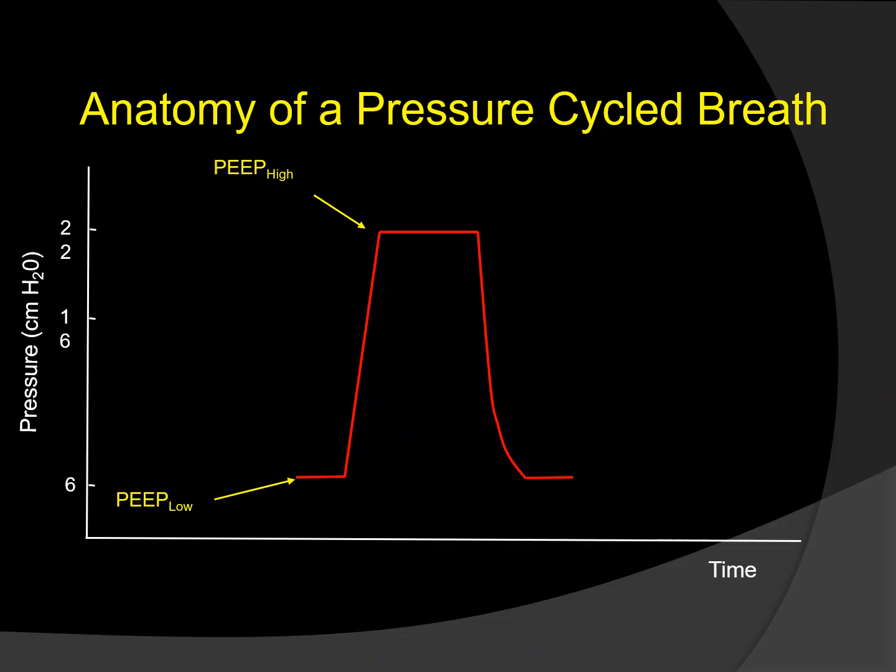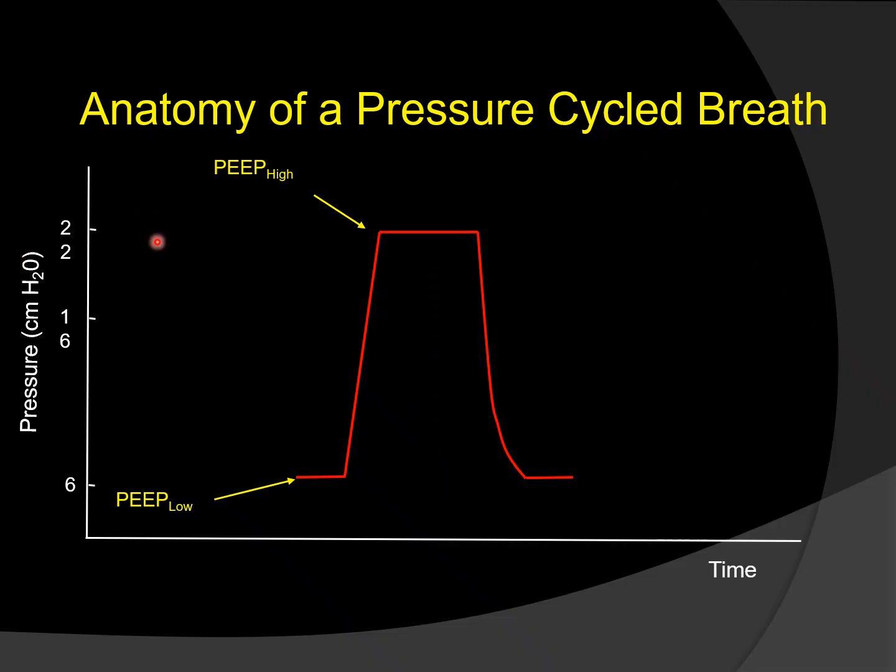So a pressure cycled breath has a low pressure, same as on a volume cycle breath. We call it PEEP. In this case, it's 6. And then we have a high pressure called PEEP high. And in this case, it's 22. Some of the modes actually don't describe the PEEP high. It actually says what the inflation pressure is, the P inspiration.